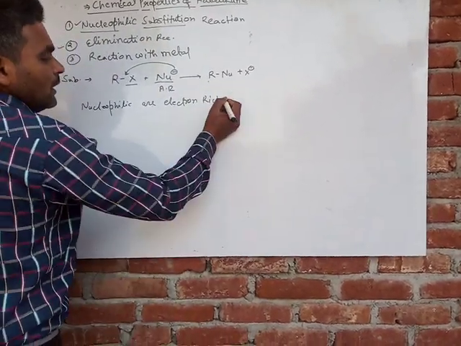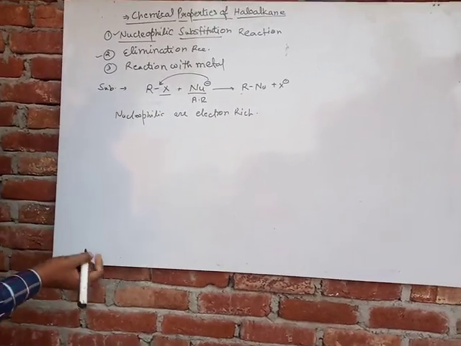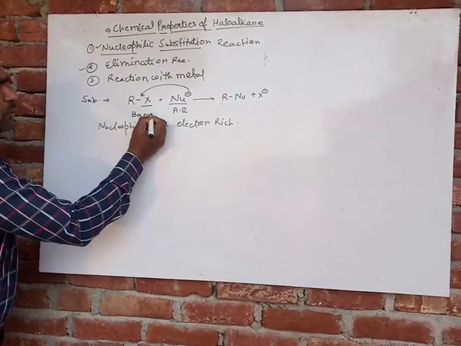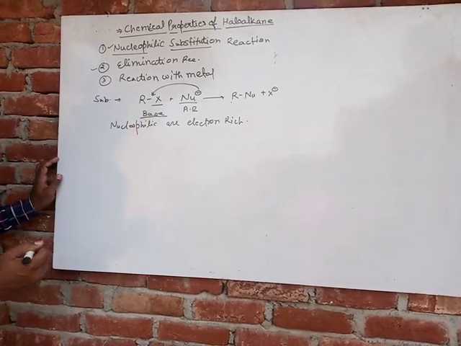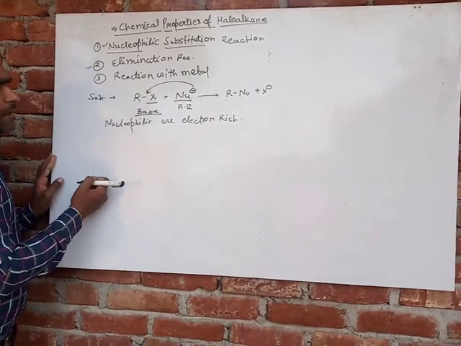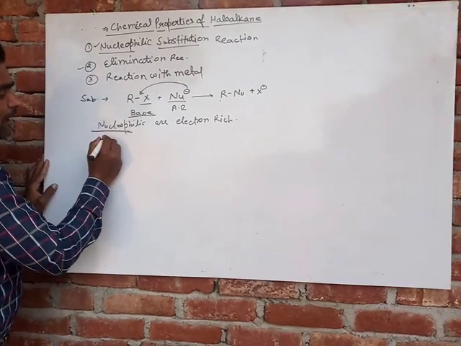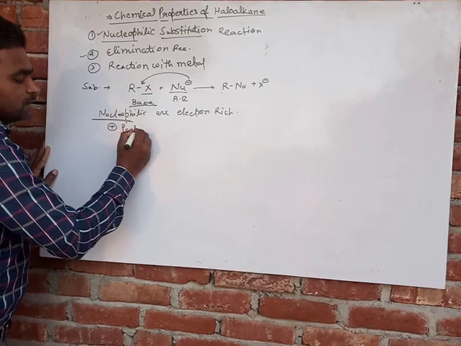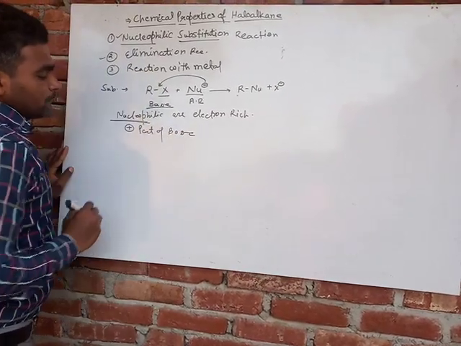Electron rich center means nucleophiles are always attracted to that part of a base which lacks electrons. Means nucleophiles always attack the positive part of a base.